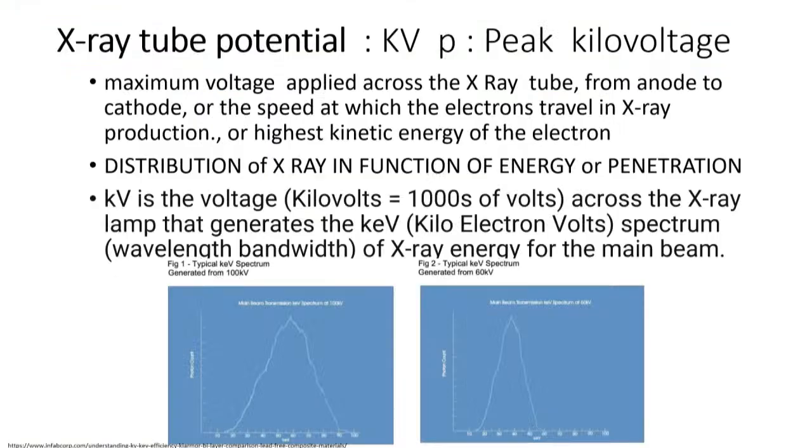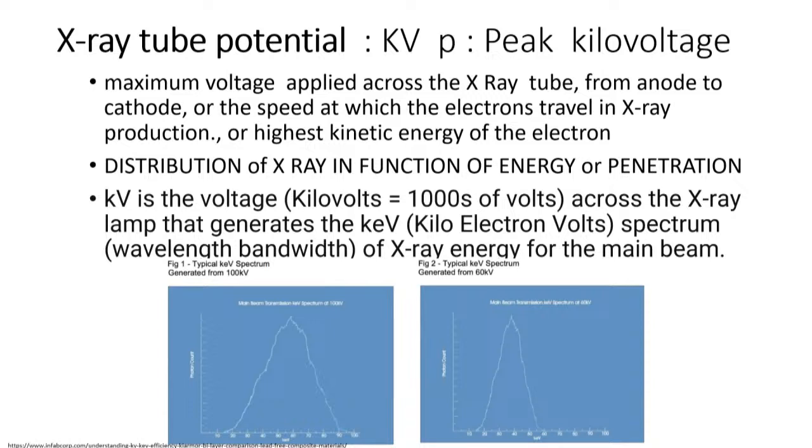So we talked about the number of photons that you want to control. Now we talk about energy. So we use the term kVp, for peak kilovoltage. The more energy you give to that X-ray tube, the higher the energy of the photons that come out. So when we apply this, it's a maximum voltage applied.